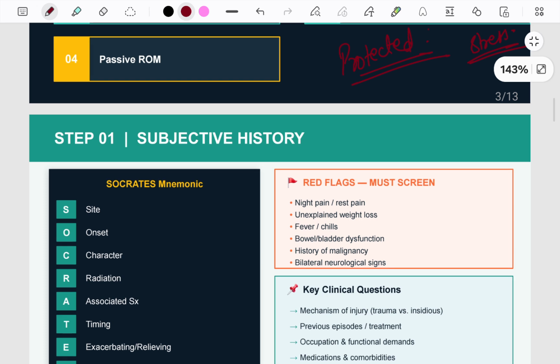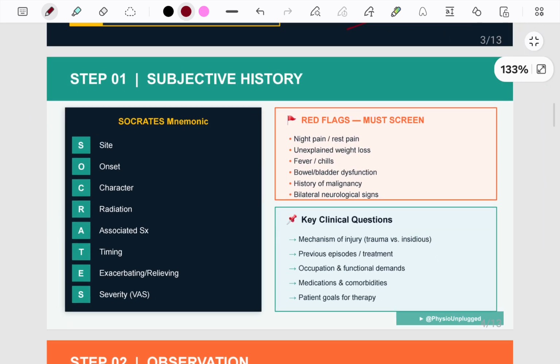Okay, now let's talk about step 1. Before entering into the details of step 1, let me just tell you what exactly the subjective history means in one word. It means, what does the patient tell you? What does PT, this is my short form for writing patient.